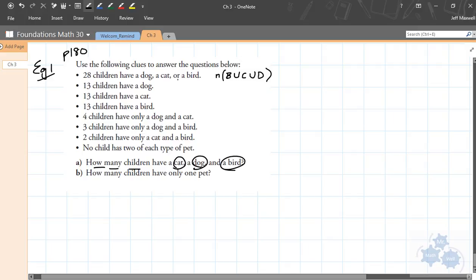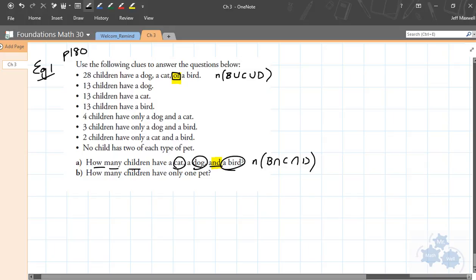The key word is or there. This one says and. See that? This is or, so that's union. This is and. So we could actually put down here what we're looking for. This is the number of bird and cat and dog. Okay? All right, we good with that so far?